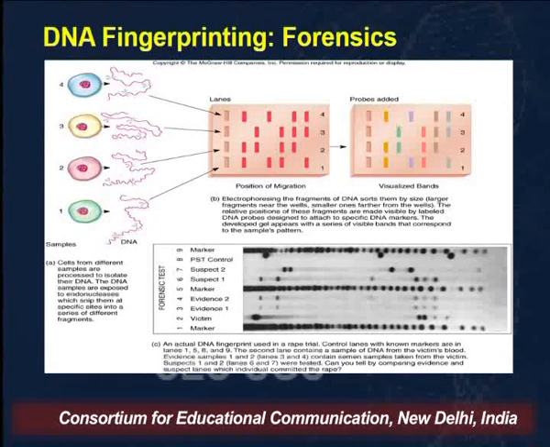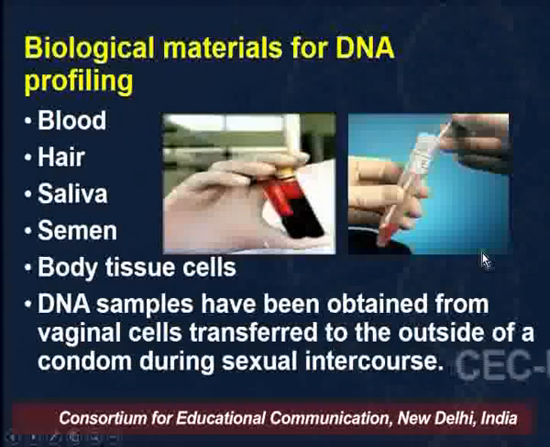You can compare it with the different suspects' DNA, and you will find the identical pattern, which finally tells us who the suspect would be. So this is one example of DNA fingerprinting.